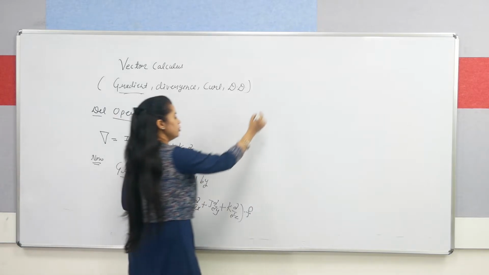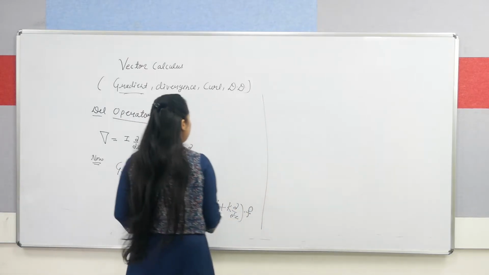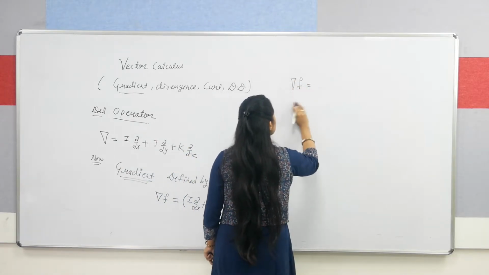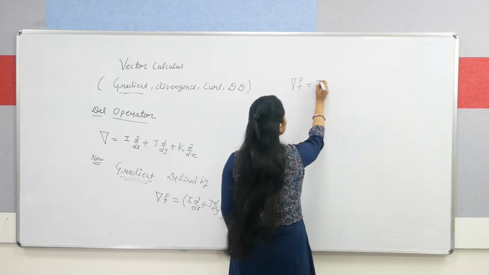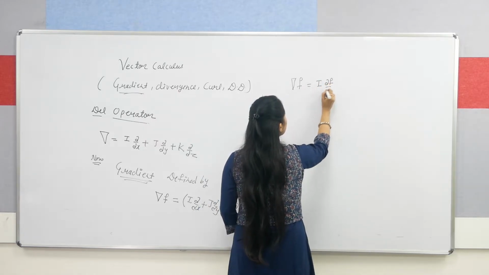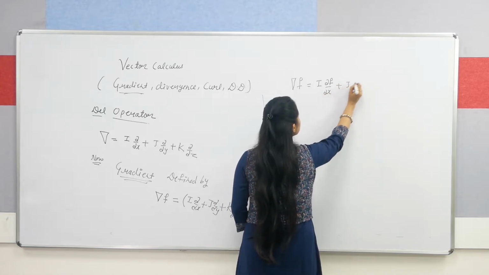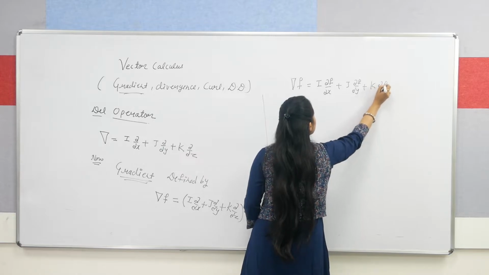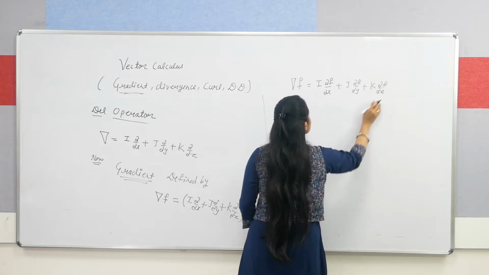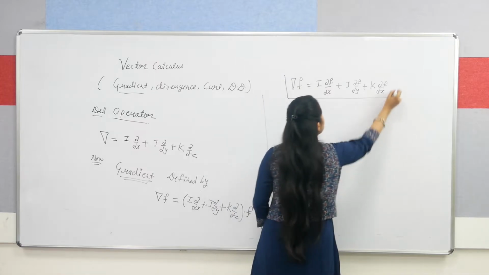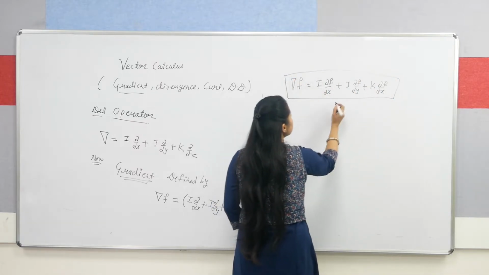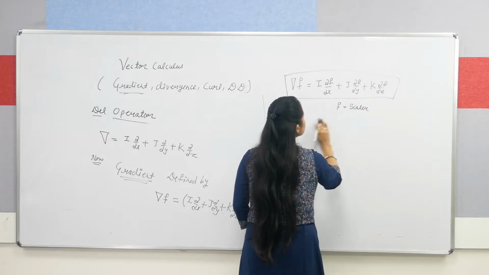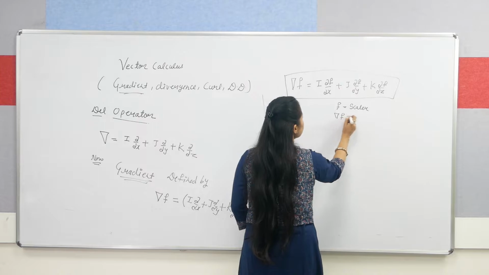So it's a product of a vector and a scalar, and the resultant will be gradient f is equal to i del f upon del x plus j del f upon del y plus k del f upon del z. Here we can see that the input f is a scalar, whereas the output gradient f is a vector.